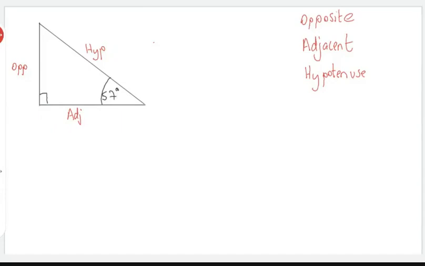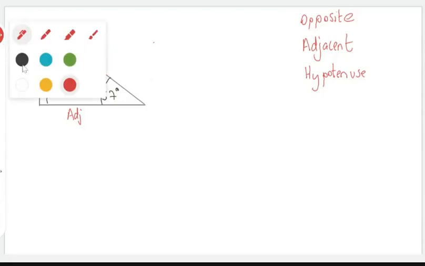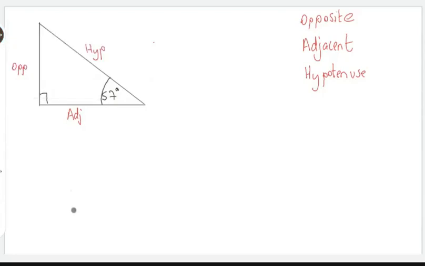Yeah. Okay, so just as a little exercise then, I'm going to draw 3 triangles, and I'm just going to get you to practice labeling these triangles. Do not watch my sketching skills.